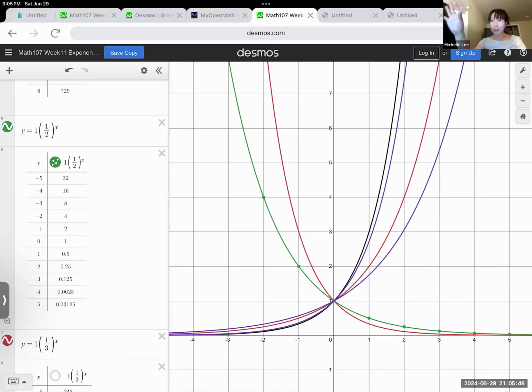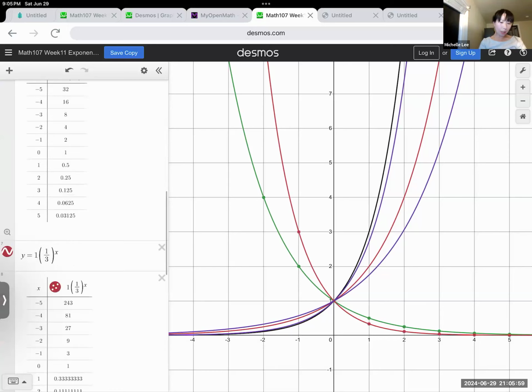The red one on the right side is 2 to the x power, and the green one on the left side is 1 over 2 to the x power. And 1 over 3 to the x power is the red one on the left side. Can you see that?